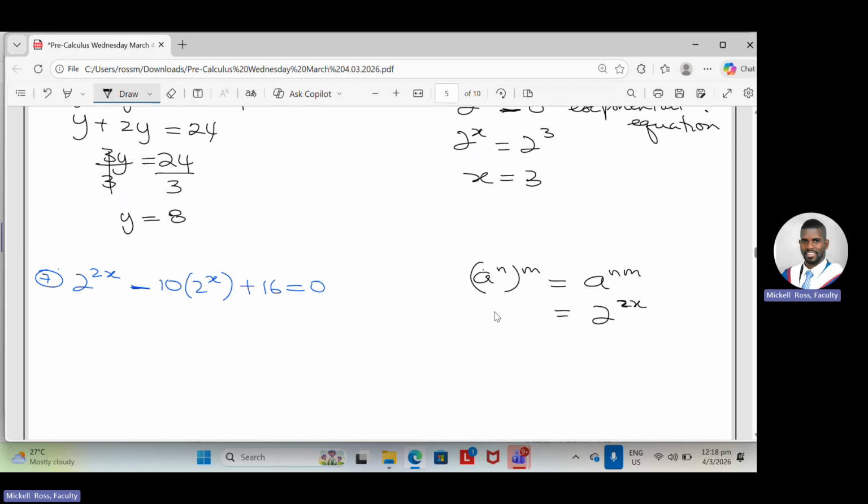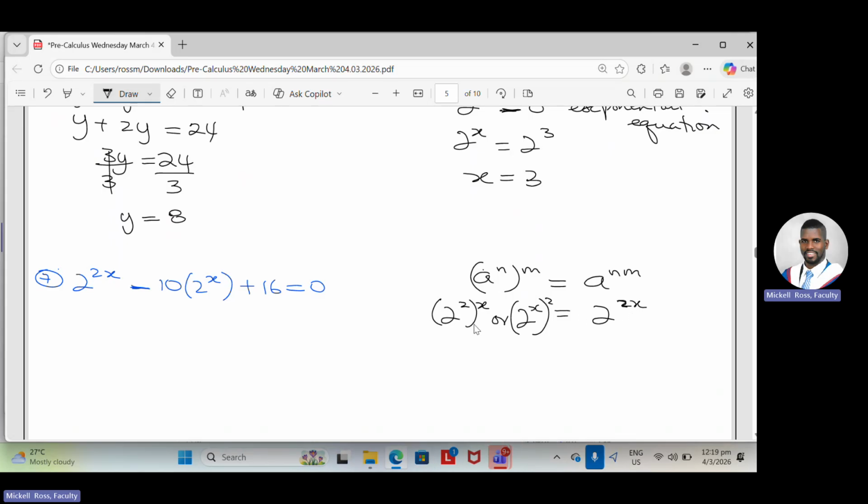Well, there's two ways we can write it. Let's look at it two ways. We can write it as 2 to the 2 and x on the outside, or we can write it as 2 to the x and 2 on the outside, right? Because 2 times x is still 2x and x times 2 is still 2x.